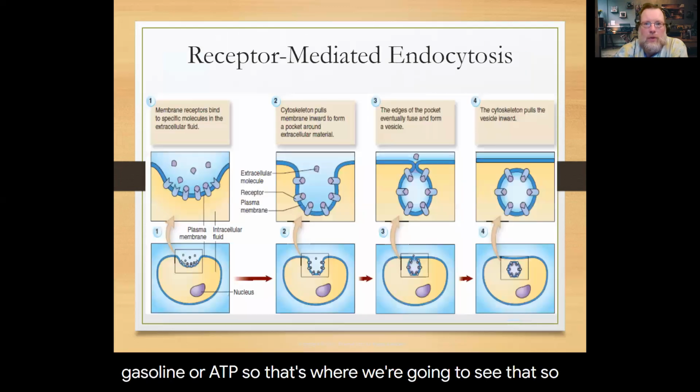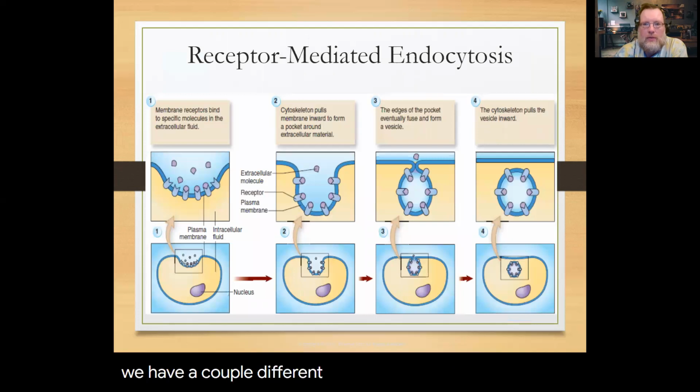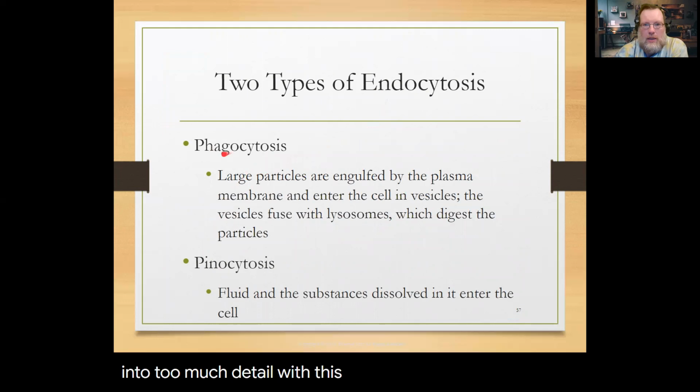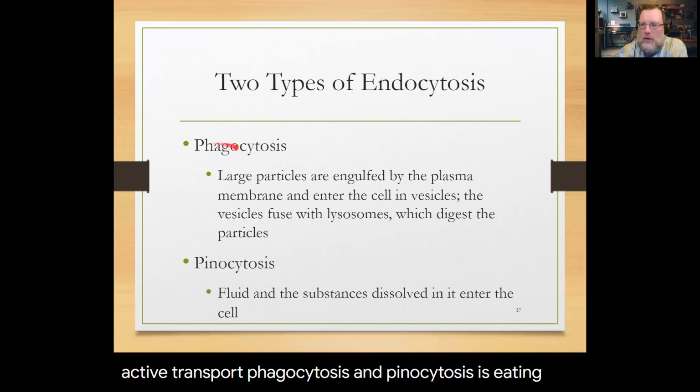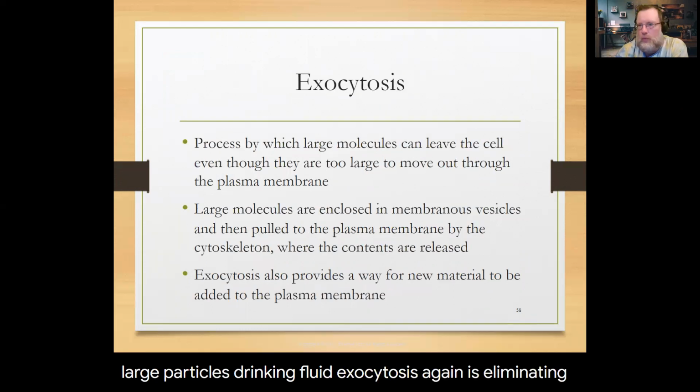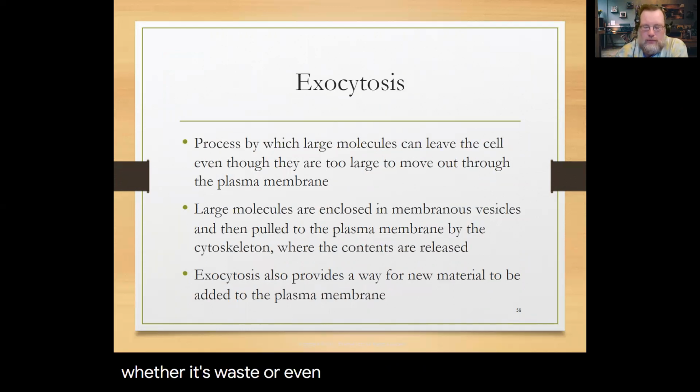So we have a couple different types of endocytosis. I'm not going to get into too much detail with this. These are just examples of active transport. Phagocytosis and pinocytosis are eating large particles and drinking fluid. Exocytosis, again, is eliminating, whether it's waste or even some sort of substance, an enzyme, a hormone, or other protein structure that needs to be released from a cell.